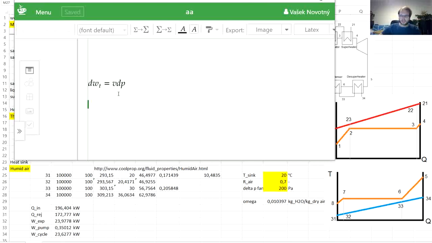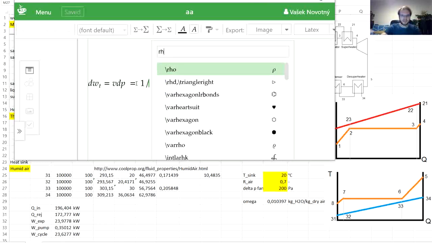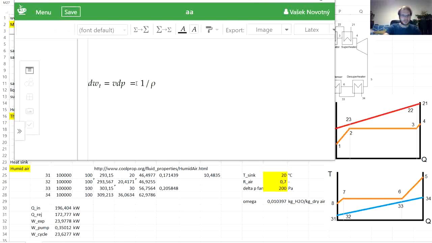Now the unit volume can also be rewritten as 1 over rho, as density, times dP. And if we assume that the working fluid going through the fan is incompressible, the unit volume or the density will stay constant.